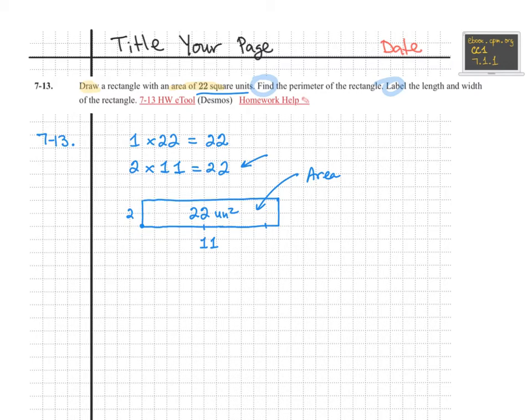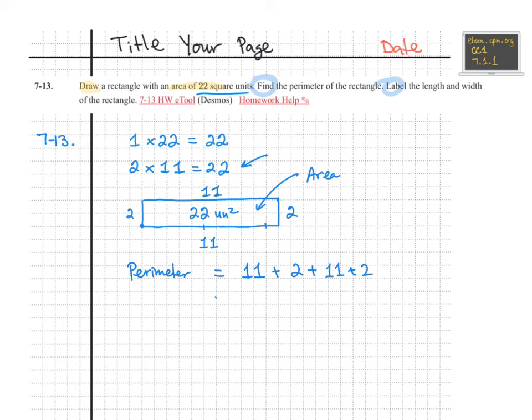There are multiple ways you could write it, so you basically decide. What I like to do is label all of the lengths, and they ask me to label the length and the width. And now the perimeter expression I could write as 11 plus 2 plus 11 plus 2.